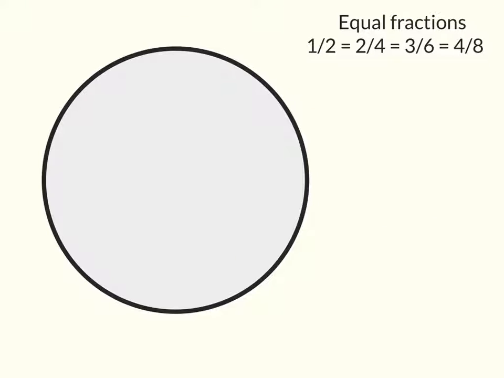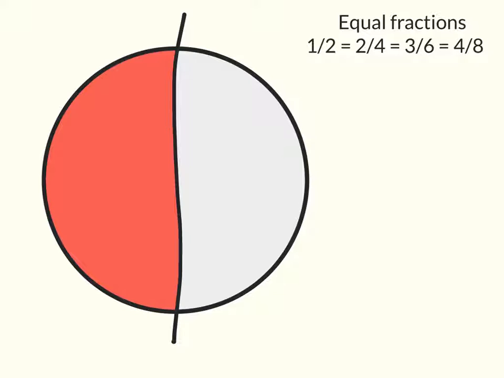So far you've seen what 1/2, 1/4, 1/6, and 1/8 look like. Now I'm going to show you how 1/2, 2/4, 3/6, and 4/8 look alike. Let's start with our 1/2. 1/2 is going to look like that, with one line.